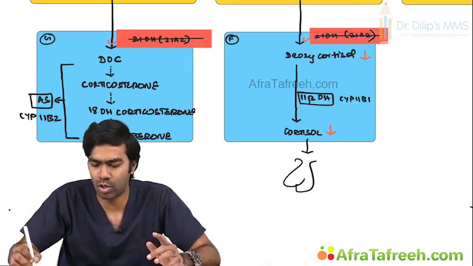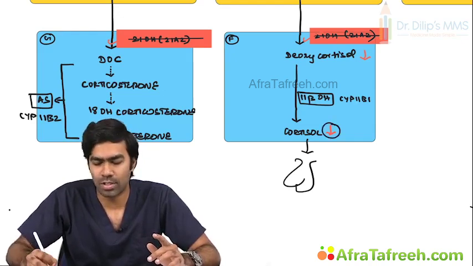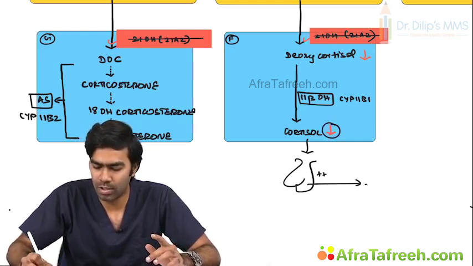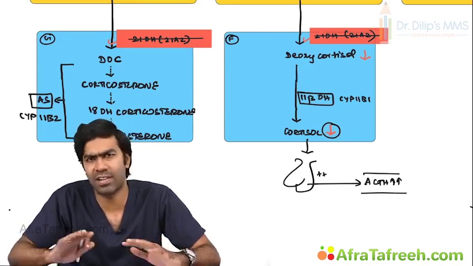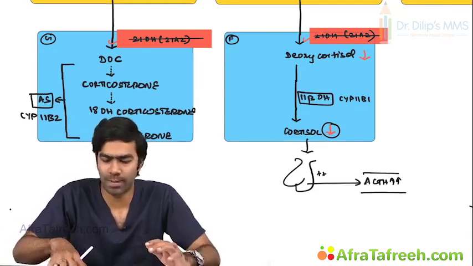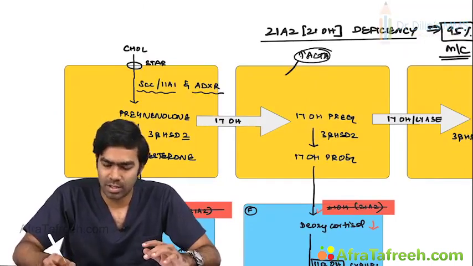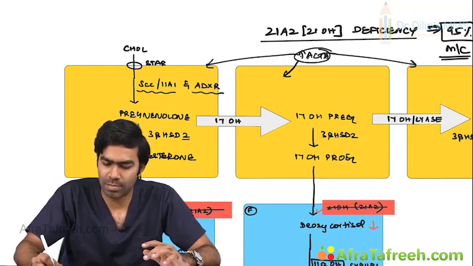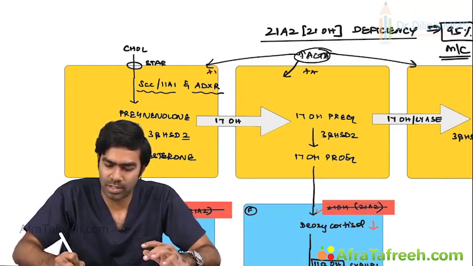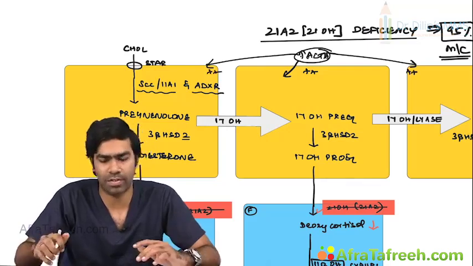So this is going to stimulate the pituitary to produce excessive ACTH. And that is the reason these patients will definitely have hyperpigmentation. No doubt about that. And this excessive ACTH is the main reason why you get hyperplasia, because this is going to stimulate the adrenal glands by its trophic effect.